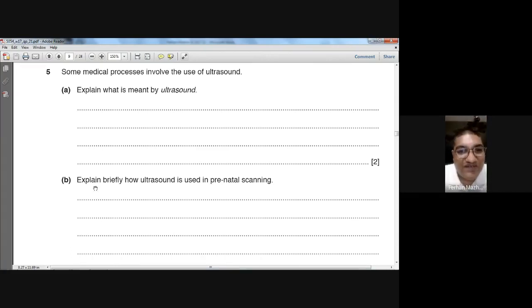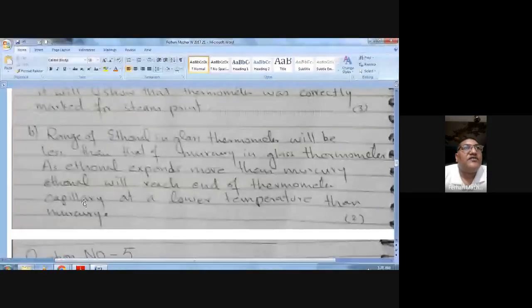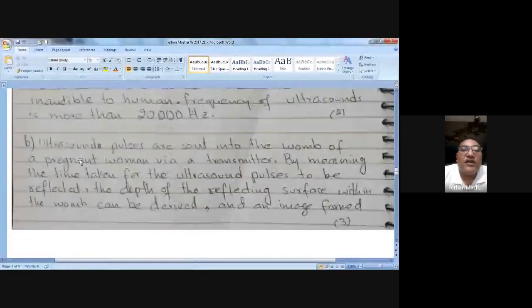They are longitudinal waves. They are sound waves, but they are not audible to humans. They are inaudible to humans. The reason is that ultrasounds have frequency more than 20,000 hertz. So ultrasounds are sound waves with frequency more than 20,000 hertz.